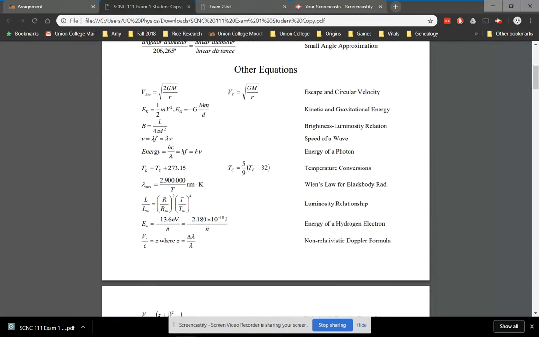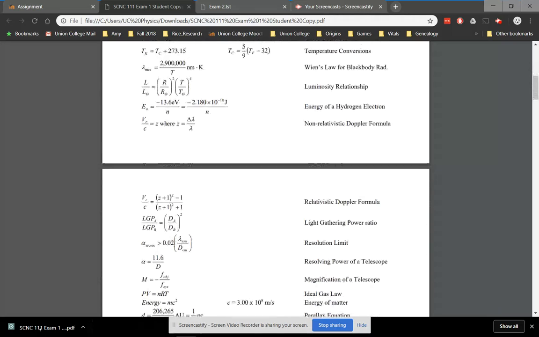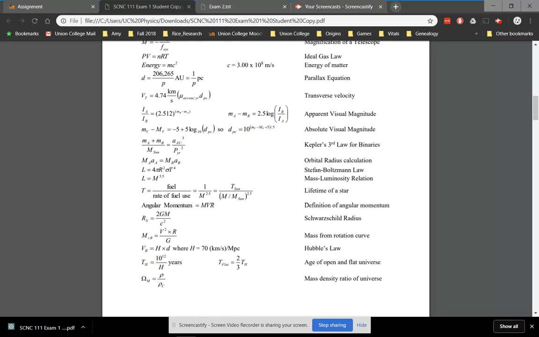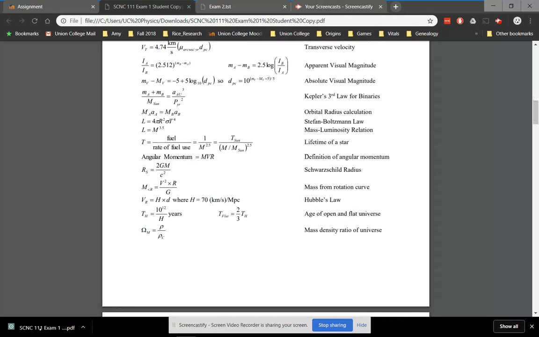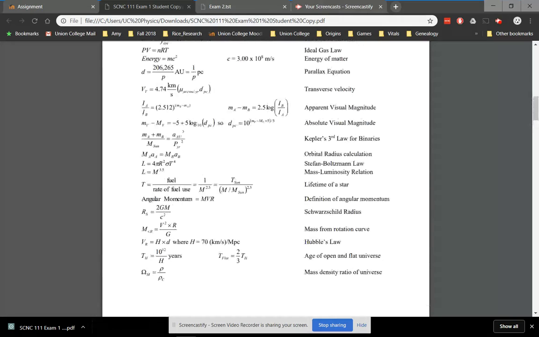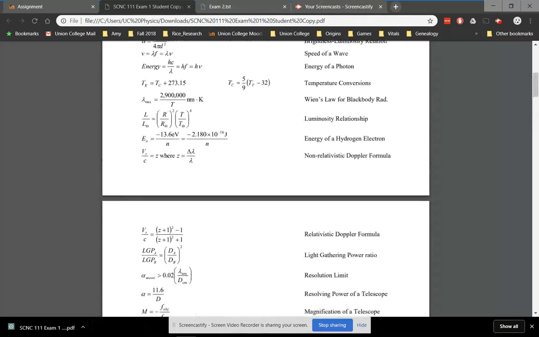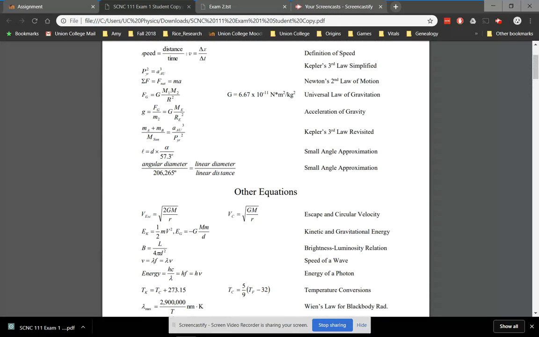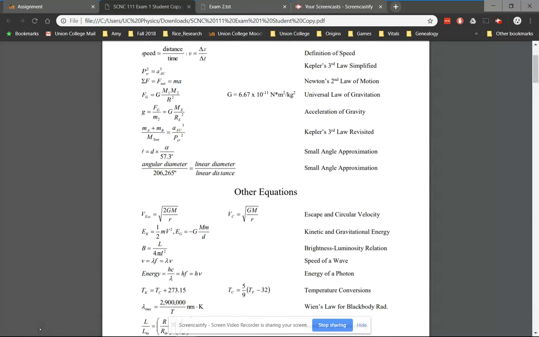So Kepler's laws, we have... First page. Yeah, it's here somewhere. There, that one.